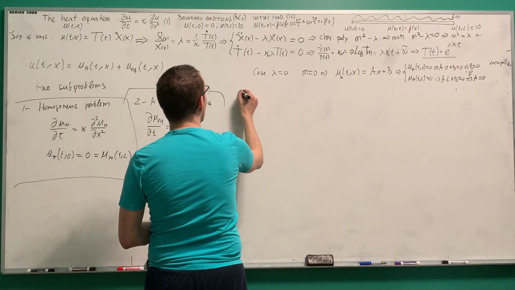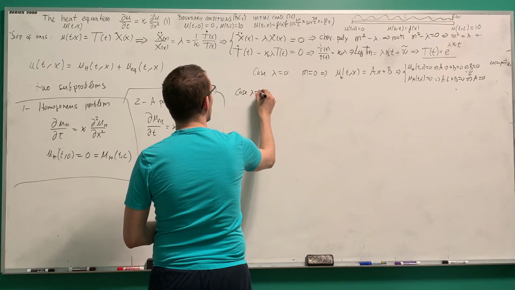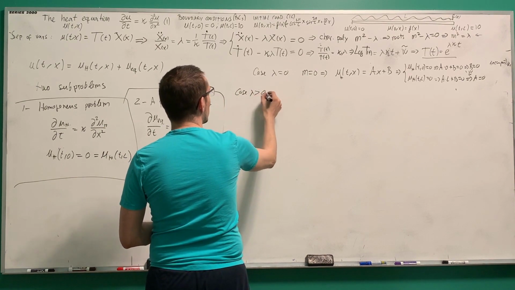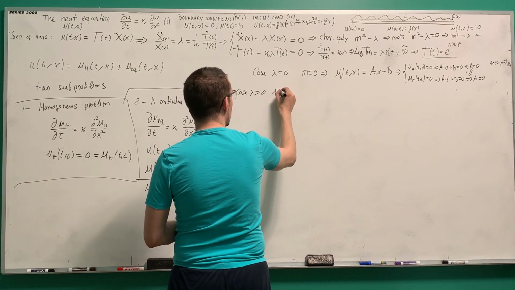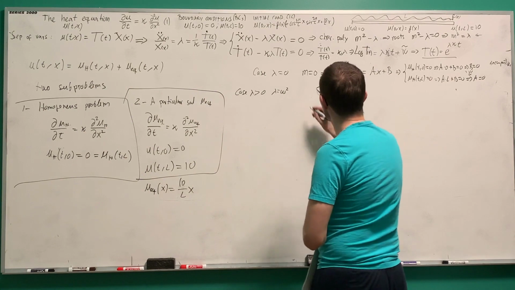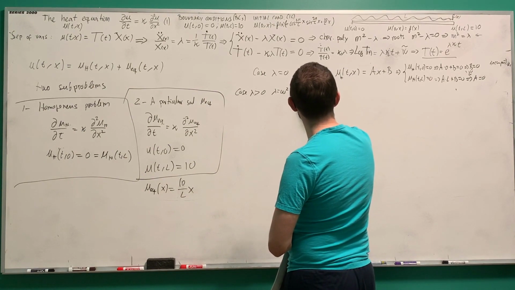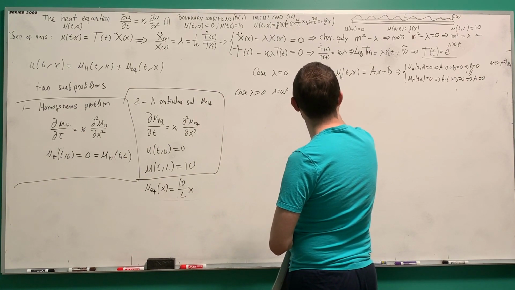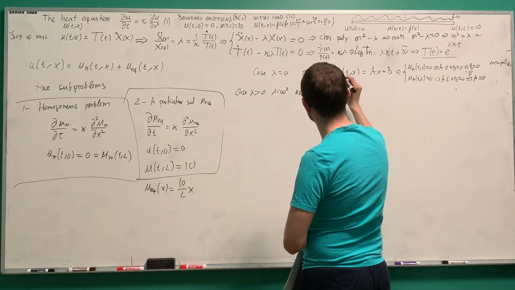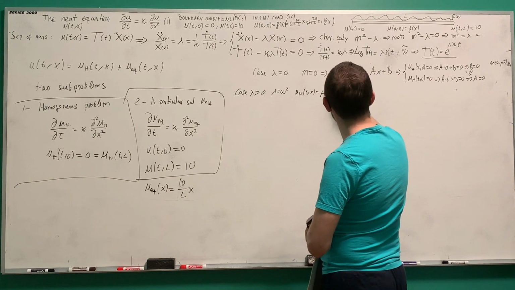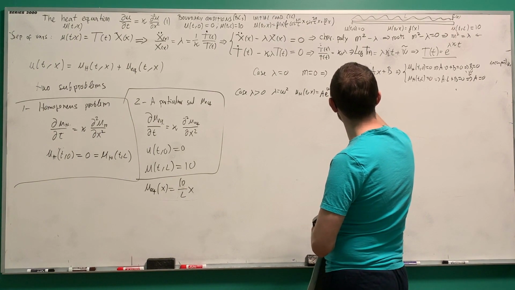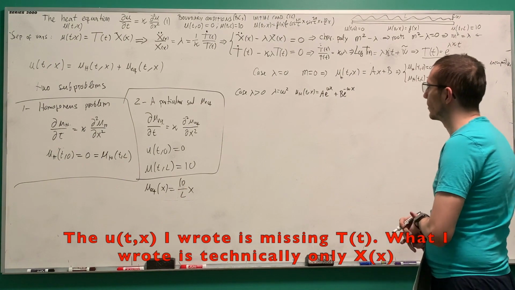We also have the case lambda larger than 0, in which case I call lambda equal to omega squared, all right? And in that case, we had that U homogeneous of t,x was A e to the omega x plus B e to the minus omega x, okay?